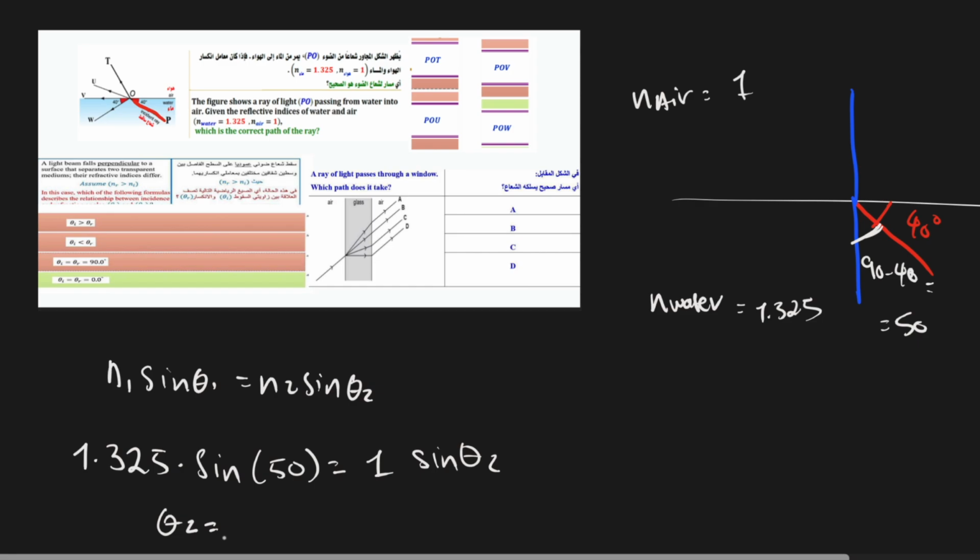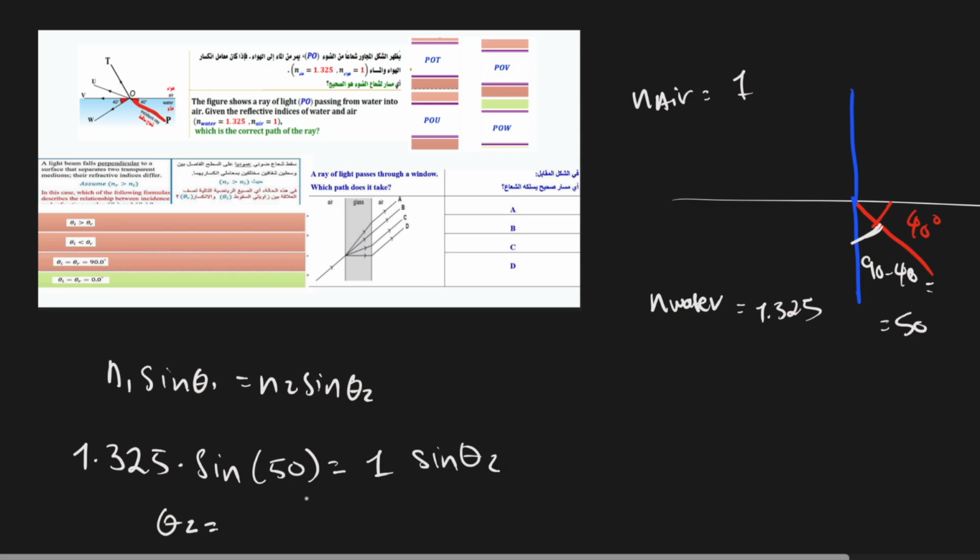I prefer to rearrange it, but it might be confusing for you, so let's keep it like this. So 1.325 times sine 50 is equal to sine of some value theta 2. Let's find it.